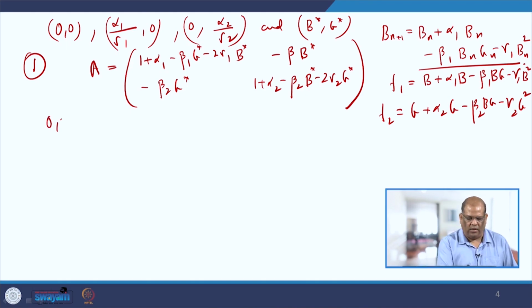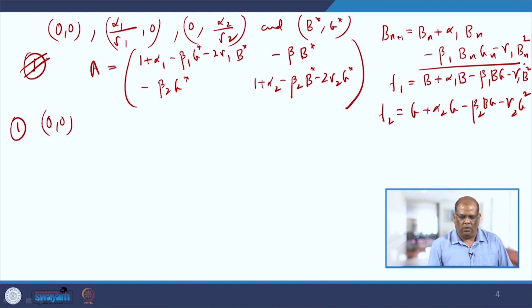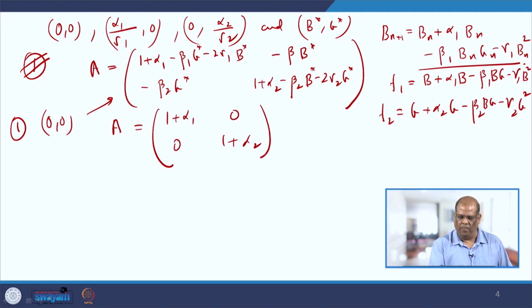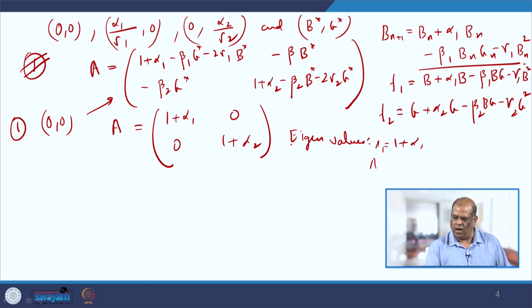Now, let us take 0, 0. You substitute 0, 0 here and your coefficient matrix becomes 1 plus alpha 1, 0, 0, 1 plus alpha 2. And clearly, the eigenvalues are lambda 1 equal to 1 plus alpha 1 and lambda 2 equal to 1 plus alpha 2.